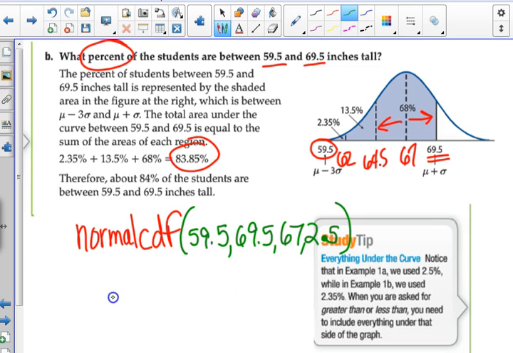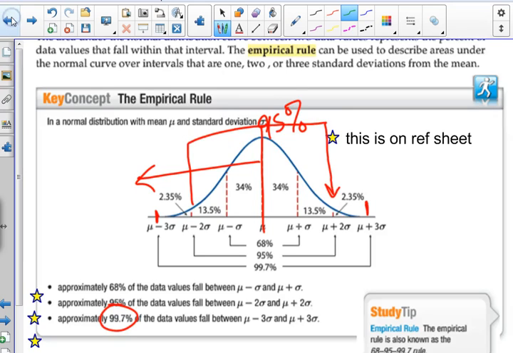Everybody all right? If you have an older calculator, it's lower, comma, upper, comma, mean, comma, standard deviation. And that's what you're typing in. Yes. Because the calculator is not using this empirical rule, which is kind of like just an easy way to estimate.